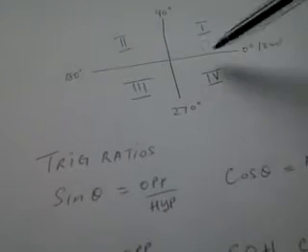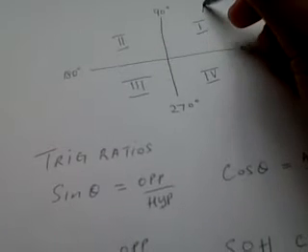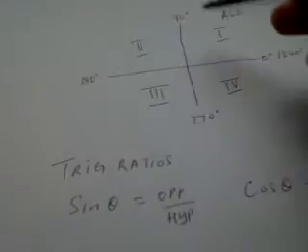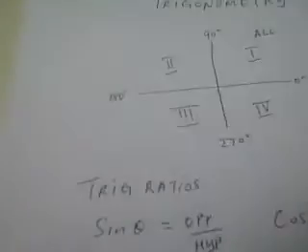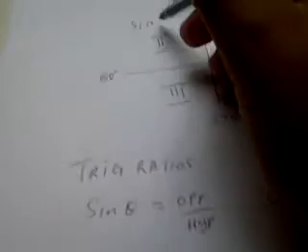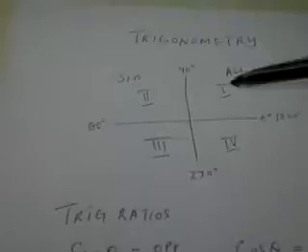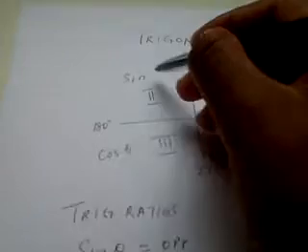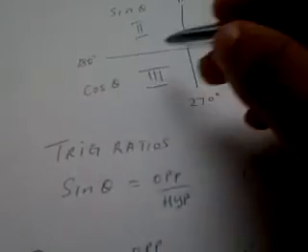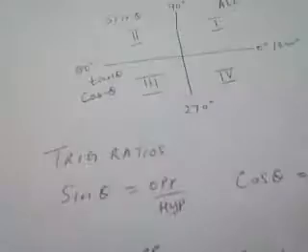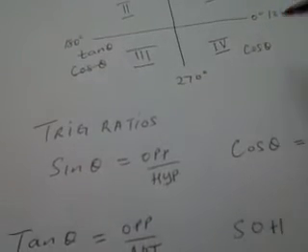For instance, in the first quadrant, all trig ratios are positive. If you go to the second quadrant, only sine is positive. In the third quadrant, it's tan theta, and in the fourth it will be cos theta.